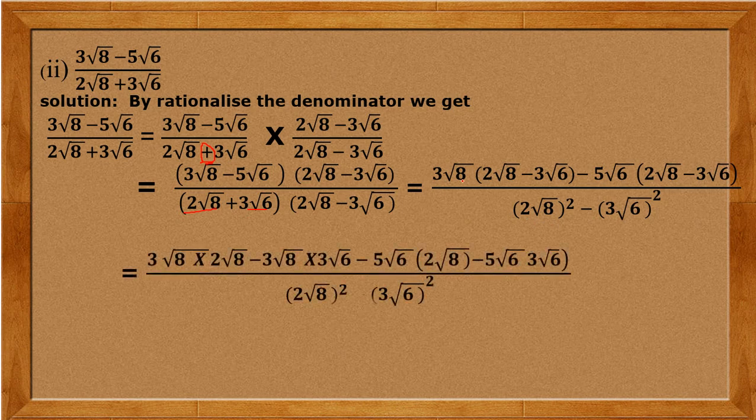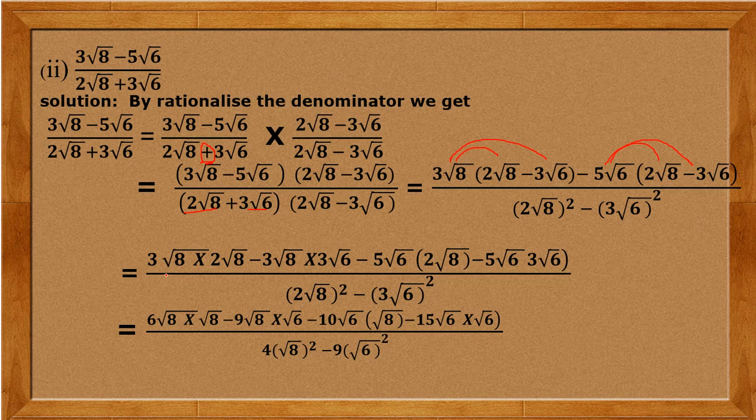When we multiply it, 3 root 8 is multiplied with 2 root 8, similarly 3 root 8 multiplied by 3 root 6. That means this quantity is multiplied by both the quantities inside the bracket. 5 root 6 multiplied by this, again 5 root 6 multiplied by that 3 root 6. In the next step we write it as the product.